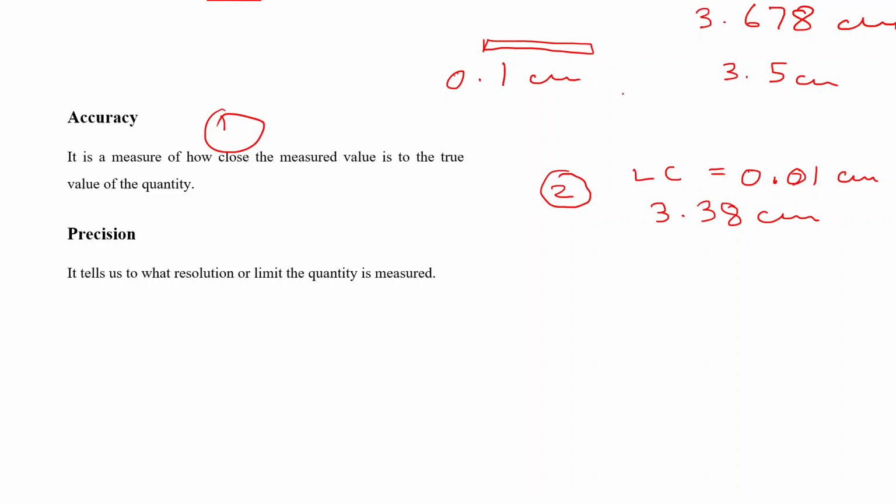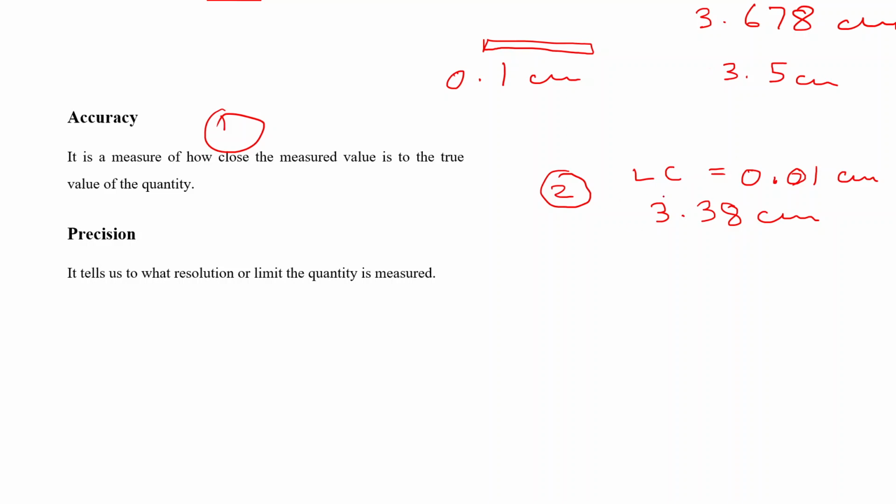Okay, so I hope this accuracy and precision example is clear to everyone. Again, I'll just summarize. 3.678 centimeter was the actual value of, suppose, this rod that I have. I measure its length using one instrument, which gives me the measured value of 3.5 centimeter.